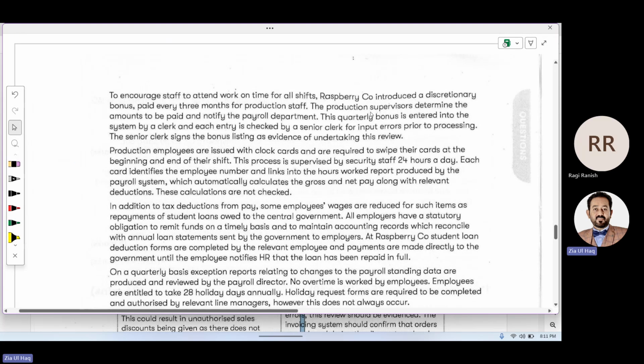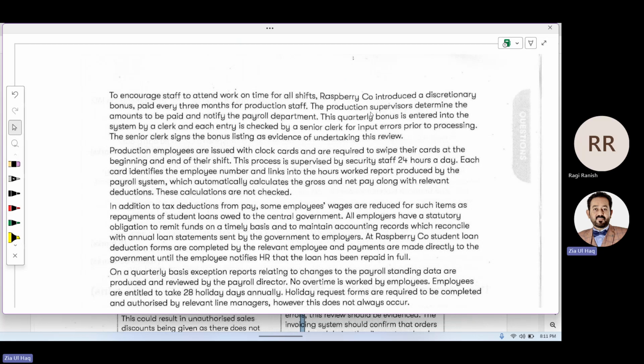To encourage staff to attend work on time for all shifts, Raspberry Company introduced a discretionary bonus paid every 3 months for production staff. The company is paying a bonus to the employees every 3 months.